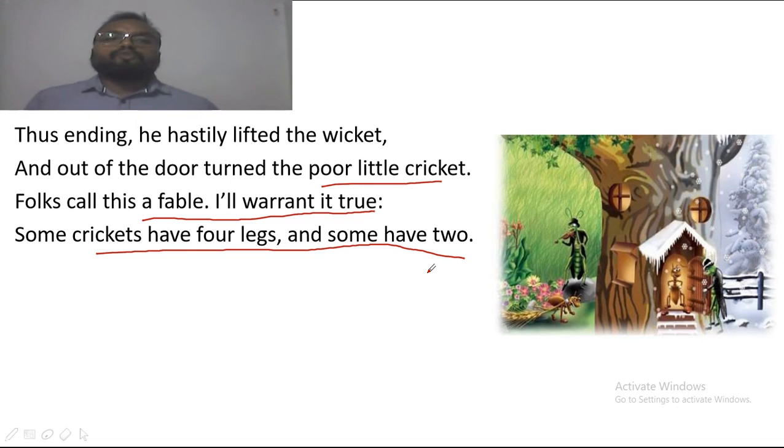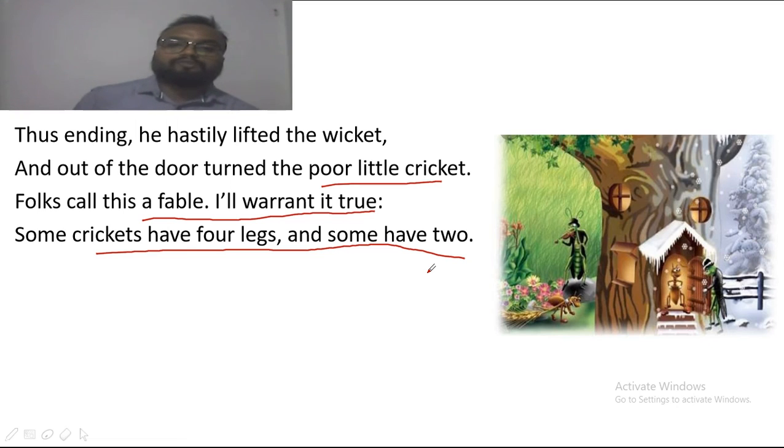They are no more legs, and that's why those legs have become their hands, and now they are using those two hands to work very hard, and therefore some of the crickets now have only two legs. The other two legs they are using for their hard work as their hands.